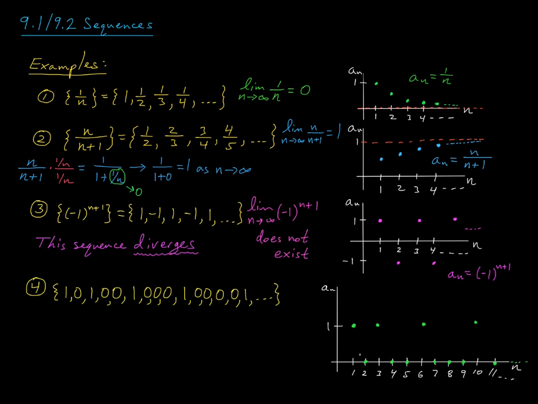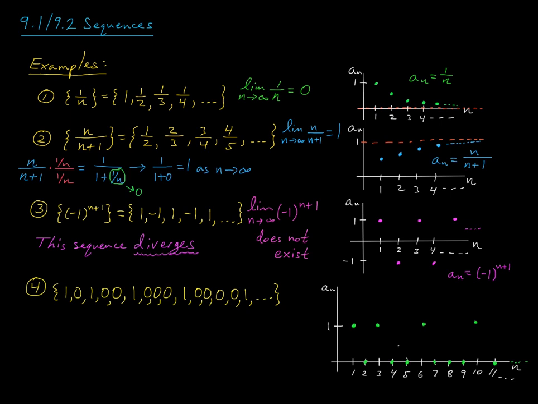If I think about putting a little window around y equals 0, the question is: is there an index that will capture all the terms, such that all the terms will be within that window past that index?